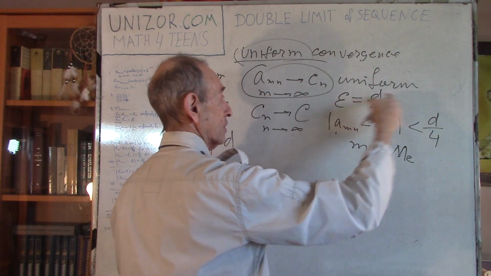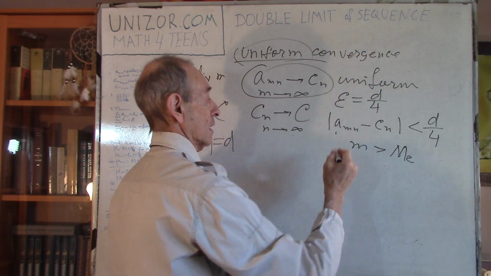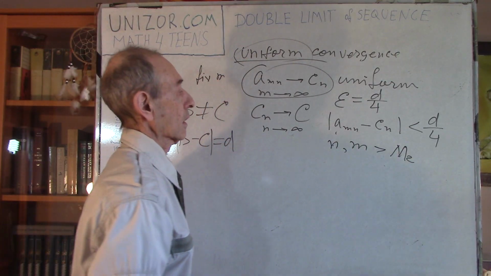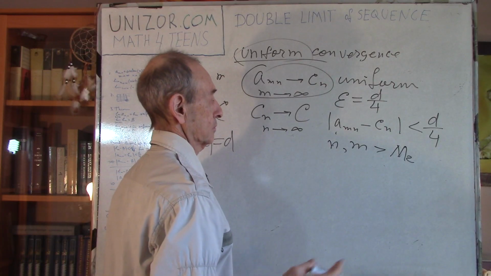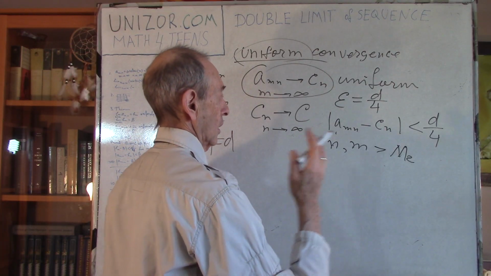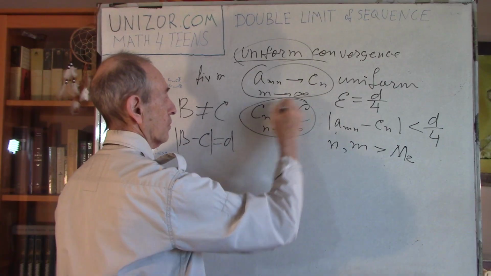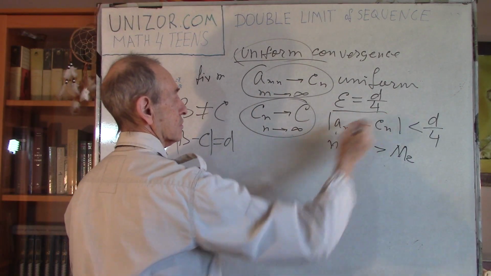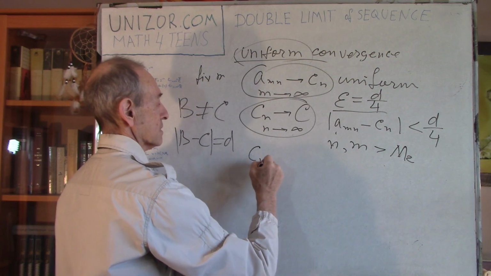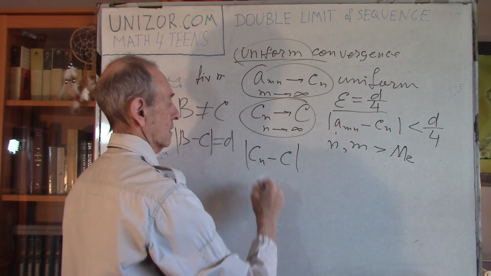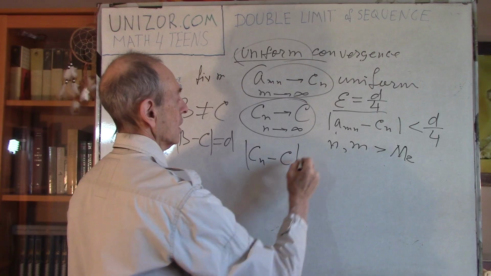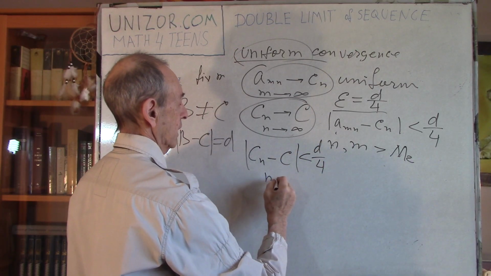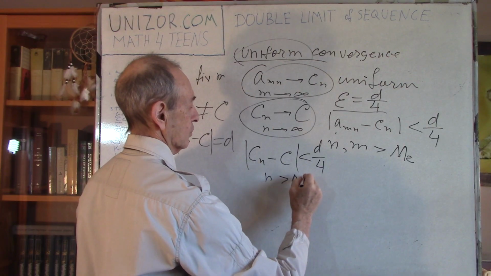But since it's a uniform convergence, that would be n as well. Now, on the other hand, I know about this, which means that for the same epsilon equals d over 4, the difference between c and c_n would be less than d over 4 if n is greater than n2.